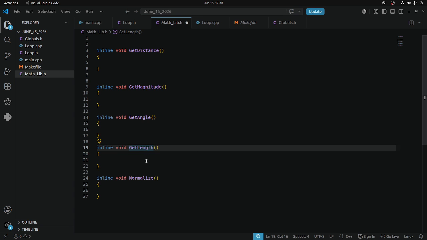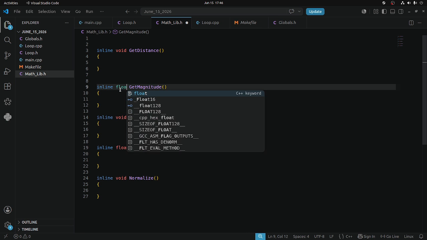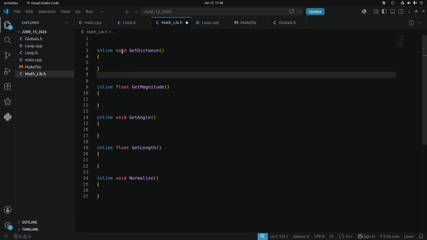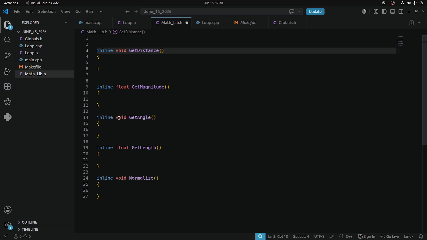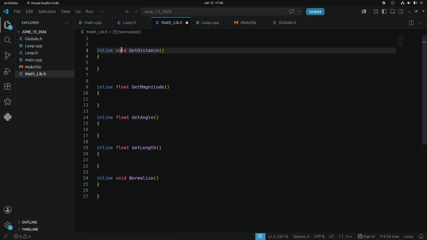I think that's pretty representative. Now I know getting the length is going to return a float. Similarly with getting the magnitude, and getting angle as well would be a float. But getting the distance and the normalization, this is actually going to return a Vector2.